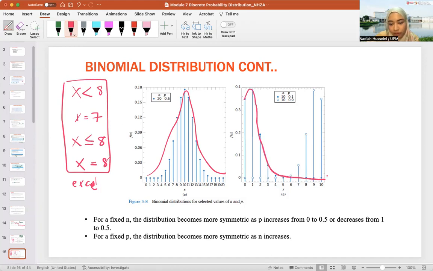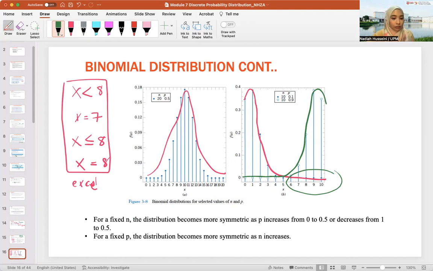And 10 trials with a probability of 0.9 goes from here to here. One has a probability of 0.1, which makes it skewed to the right. And one with a probability of 0.9 is skewed to the left.